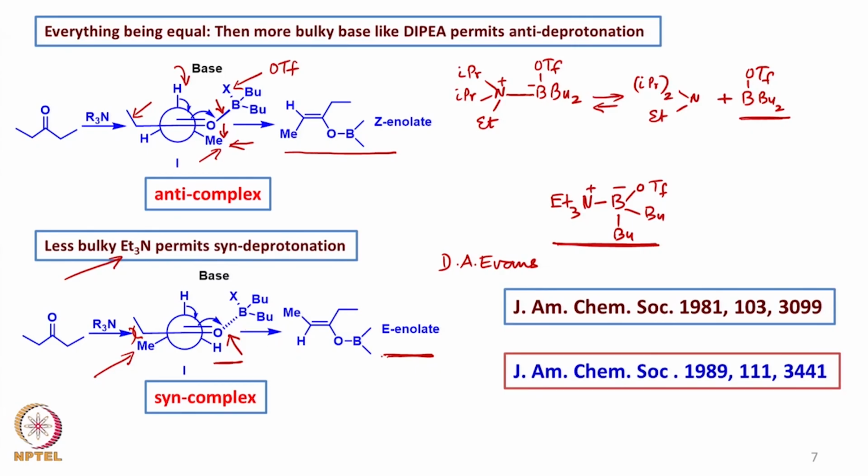Since this is not a very easy situation, one gets the E enolate as a product, but not with a high selectivity. That is the reason why the Z enolate is formed with high selectivity when the large base is used in the deprotonation. Now this is how it is summarized.